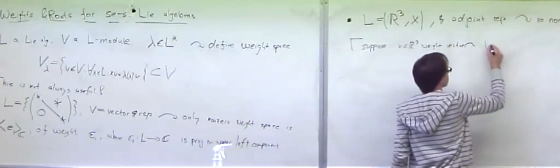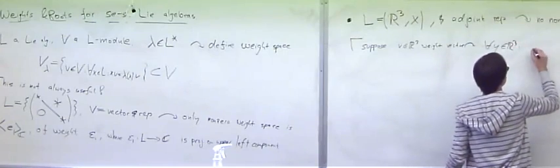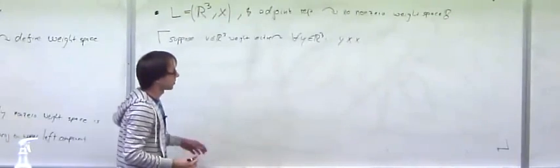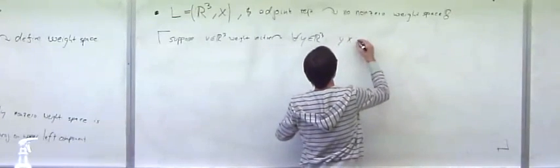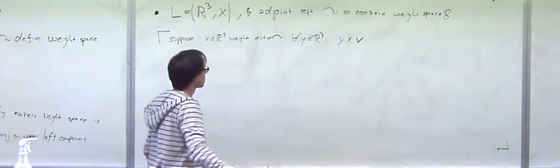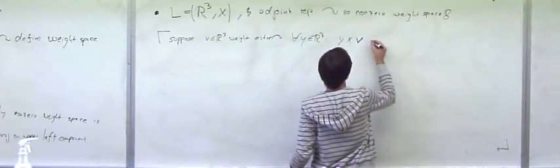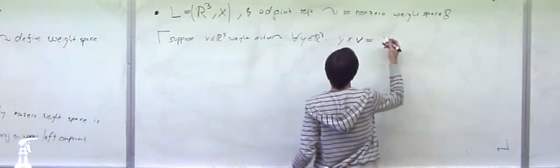That means for all y in R3, y cross v, this is what I get when I apply the adjoint action of y to v. This is why I called it v, because the x looks like the multiplication sign. So y times v is a multiple of v.